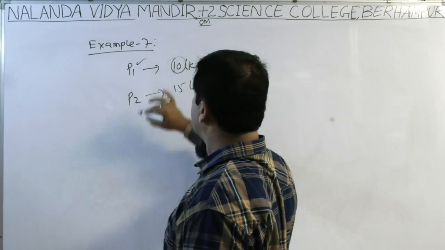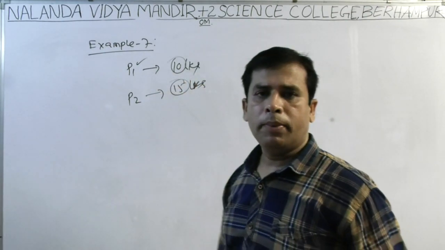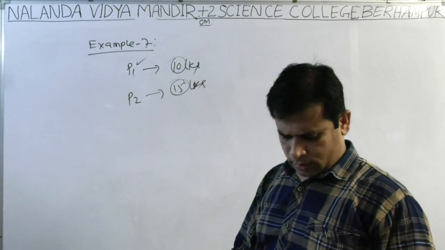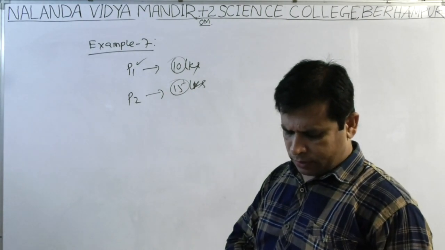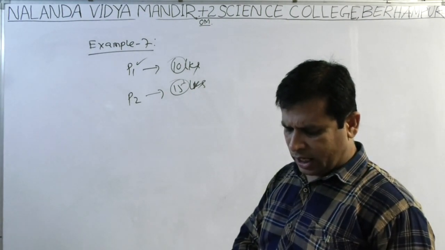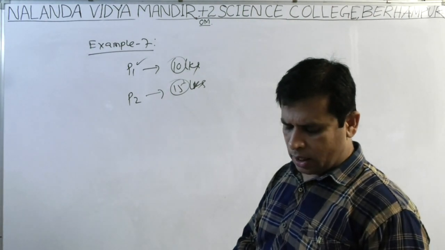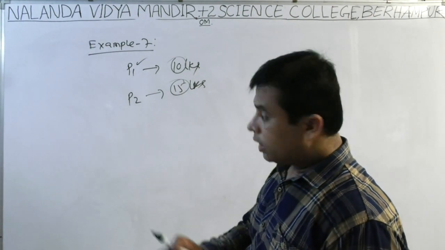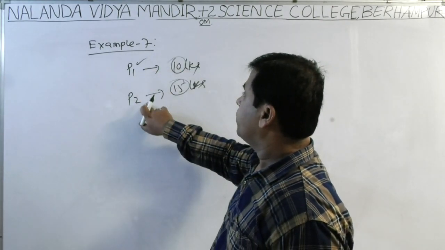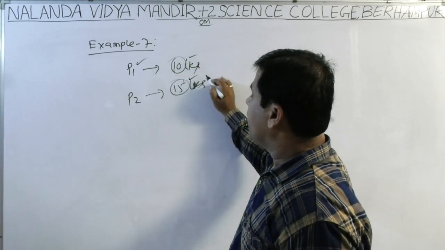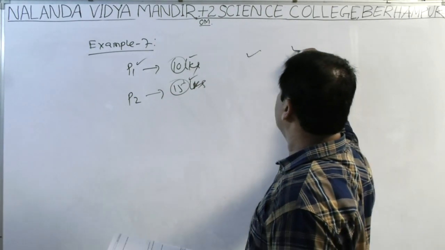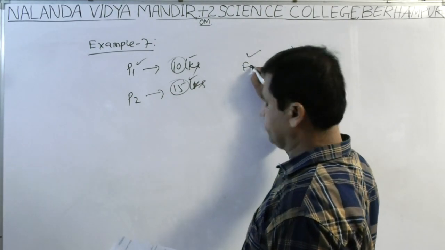P1 invests 10 lakhs and P2 invests 15 lakhs. If these two sectors yield annual profit at a rate of 20% and 25%.